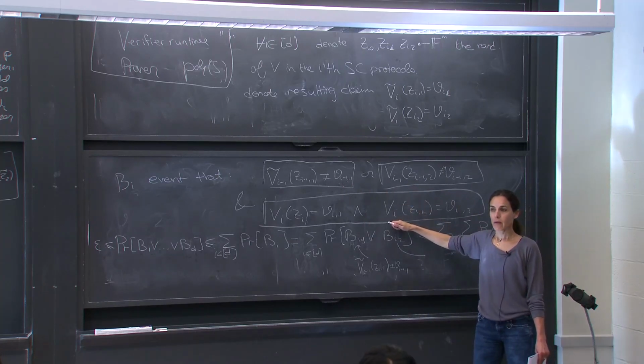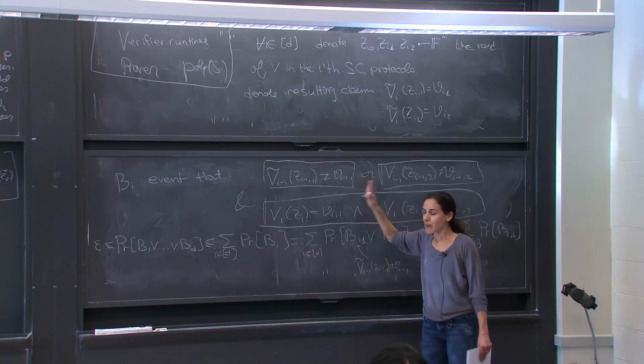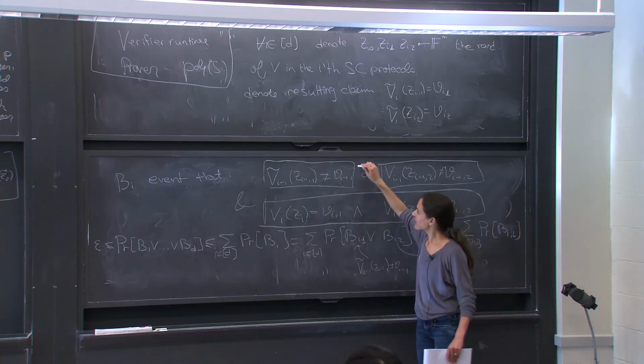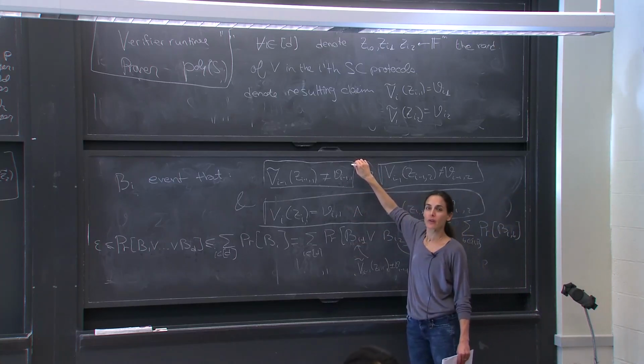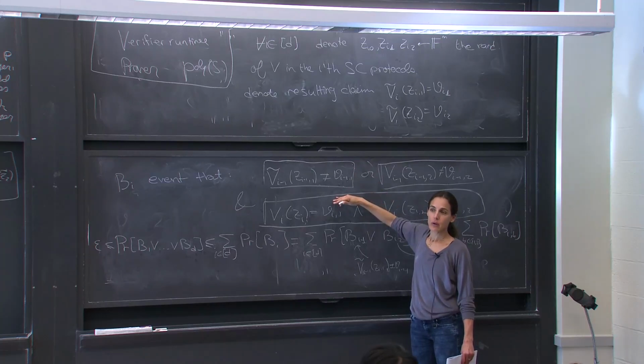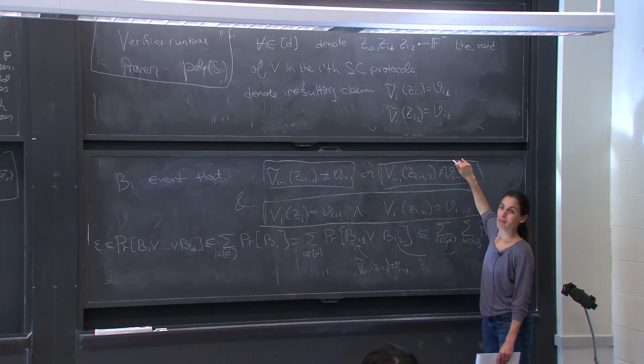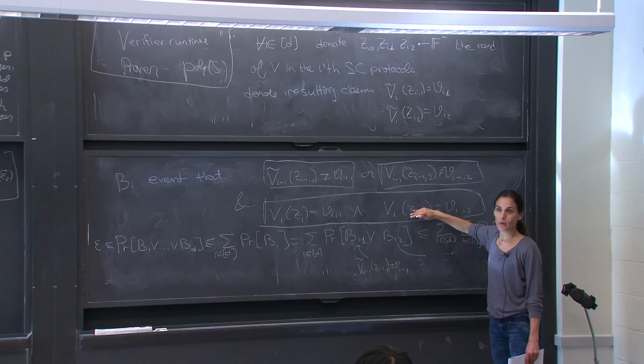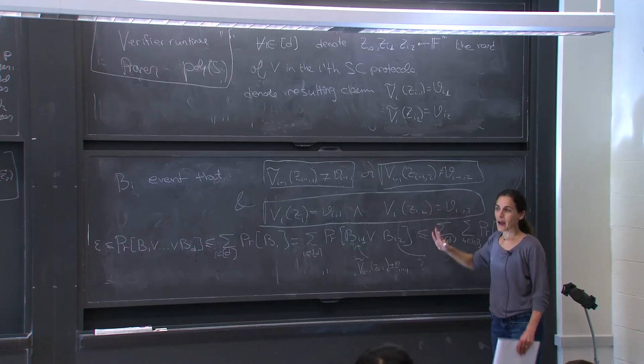BI1, I'm partitioning into 2. BI1 is that it's the first claim that's false, and the next layer is true. BI2 is that the second claim was false and the layer below is true. So I'm kind of partitioning the two.